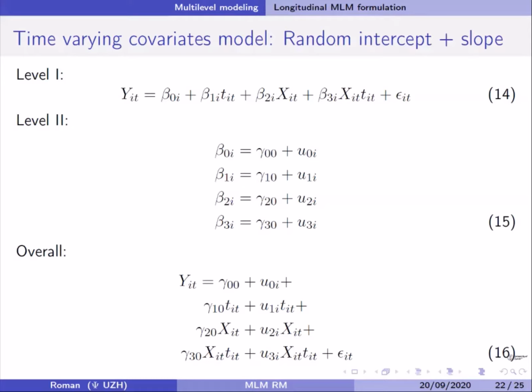Gamma 1,0 is the fixed slope of time when x is equal to 0, okay? The average slope or developmental trajectory when x is equal to 0. And then we have a variance around that.